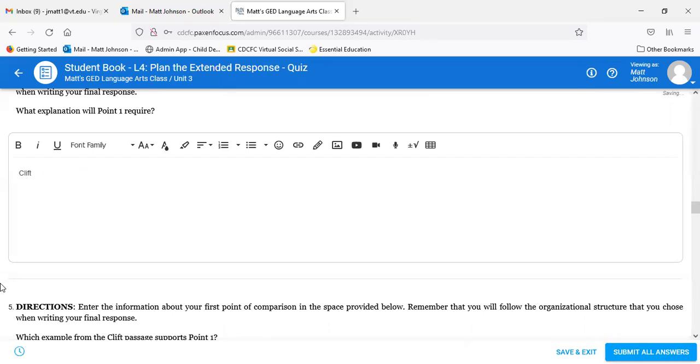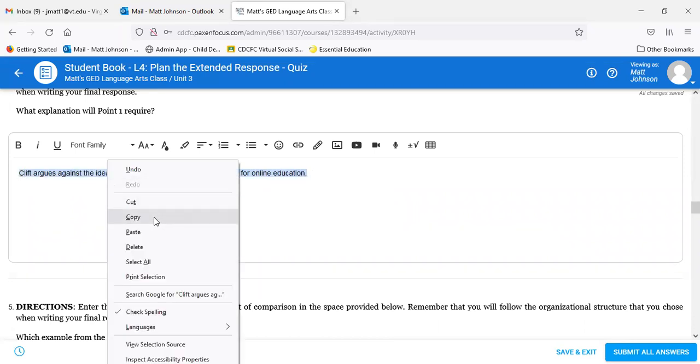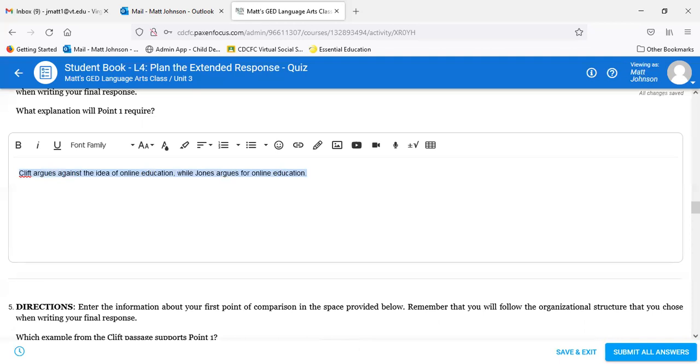So Clift argues against the idea of online education, while Jones argues for online education. Right? So that's our explanation. When we're talking about point of view, one has the point of view that they favor it, one takes the point of view that they dislike it. Right?